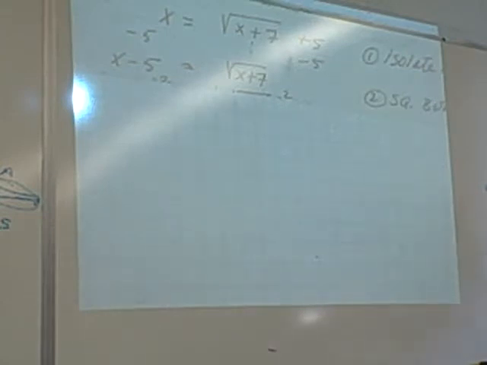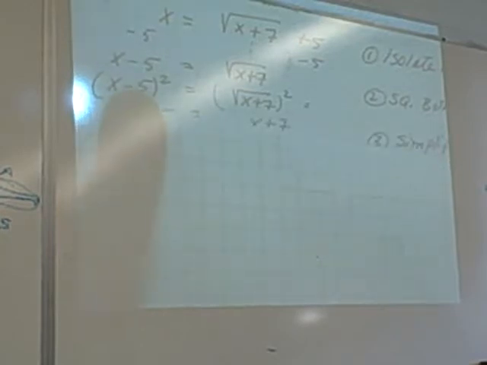Square both sides. So I know that when I square the square root of x plus 7, what will I have on that side? x plus 7. Okay? And the other side's a little bit more complicated.